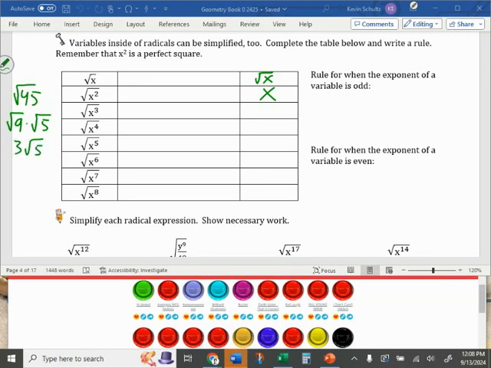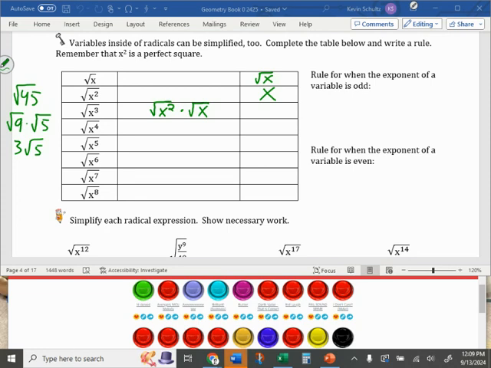It's important to know that the root of x squared is a perfect square, because for the root of x cubed, we can break that apart to be the root of x squared times what? The root of x. Why that works is because just like 9 times 5 is 45, x squared times x is x cubed, right?